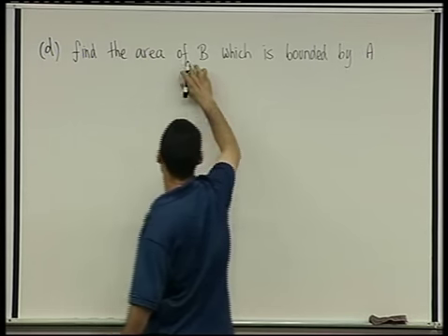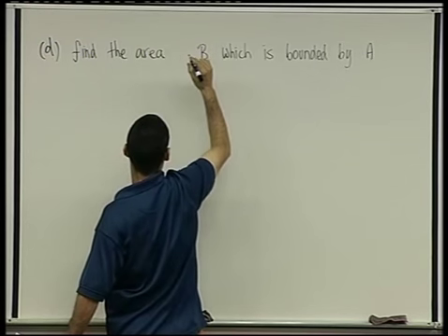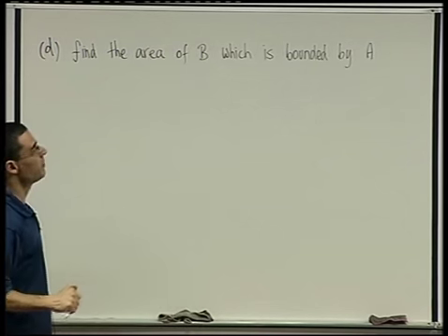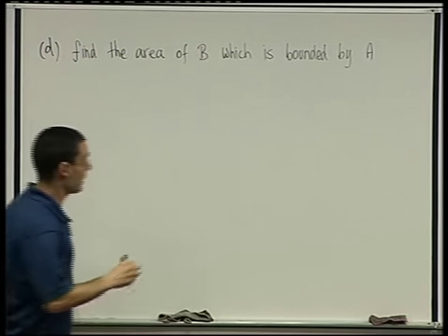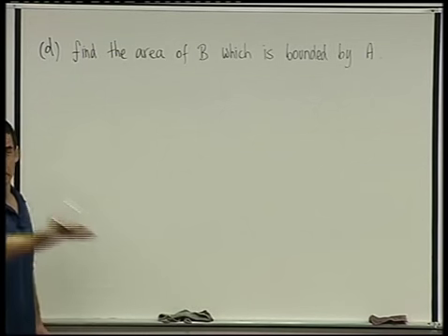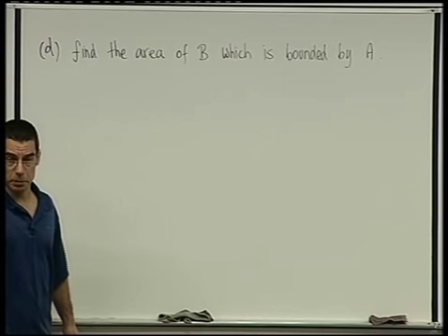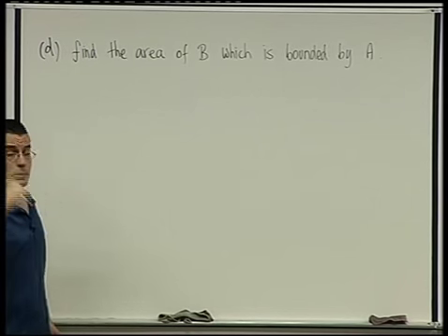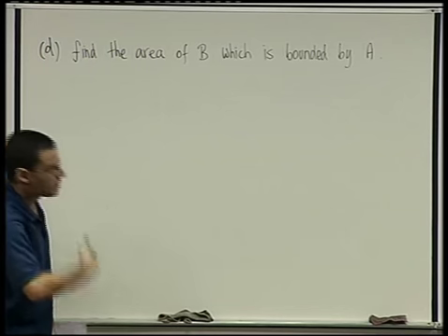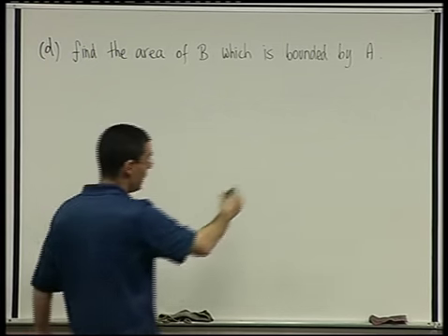So it's not the area of B, it's the area of the part of B which is bounded by A. So remember, B is that plane. The area of B is, of course, infinite. It's a plane. But we only want the area of B which is bounded by A. A is that cylinder, and it chops off that tilted elliptic cap.